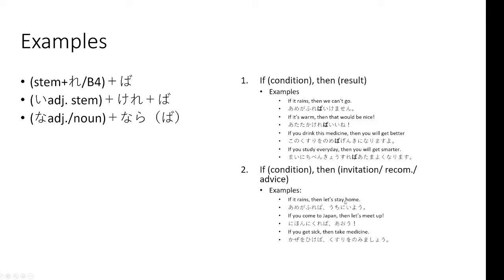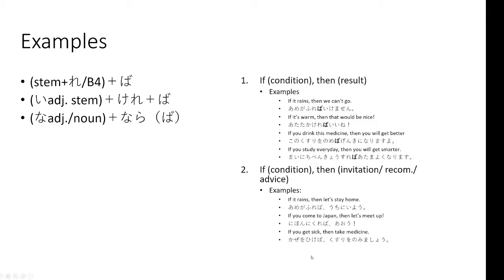Let's start looking at the Japanese. 雨が降れば、うちにいよう. If it rains, then let's stay home. 雨が降れば、うちにいよう. Let's look at the next one in this category. This one is also an invitation. If you come to Japan, then let's meet up. 日本に来れば会おう.